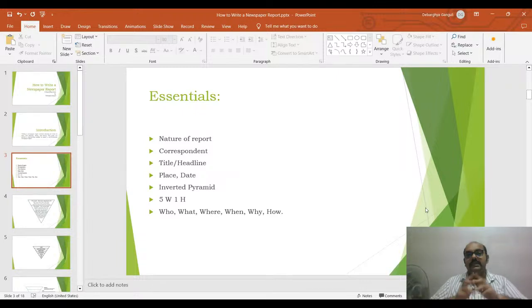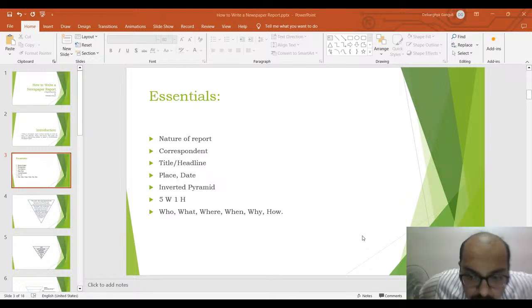That is, the first page of the newspaper, you will see that it is divided into columns. Okay, and those columns are very, very important. Just one second, I'll show you a newspaper so that we can discuss this in a little detail.